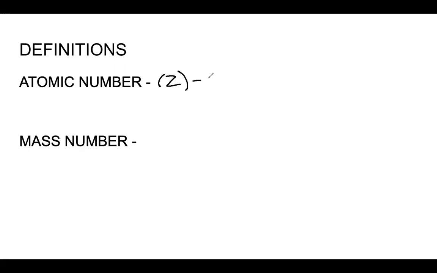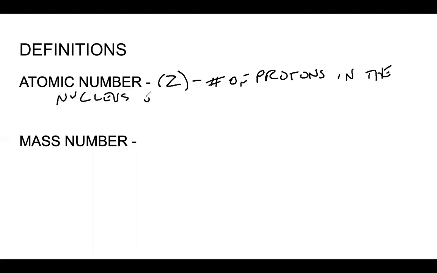The atomic number Z is the number of protons in the nucleus of an atom. And our atomic number, the number of protons, identifies the element.